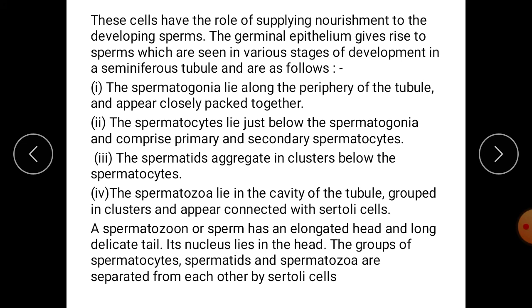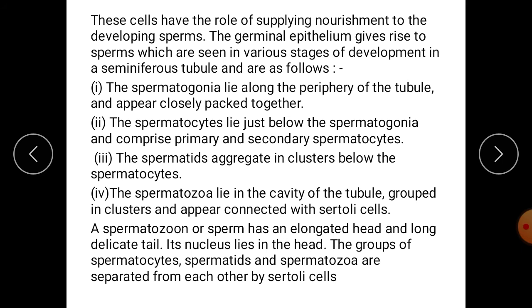At the end of first meiosis, two secondary spermatocytes are produced. Secondary spermatocytes undergo second meiotic division to produce four spermatids. These spermatids undergo structural modification to become sperms. All these changes occur inside the seminiferous tubules.